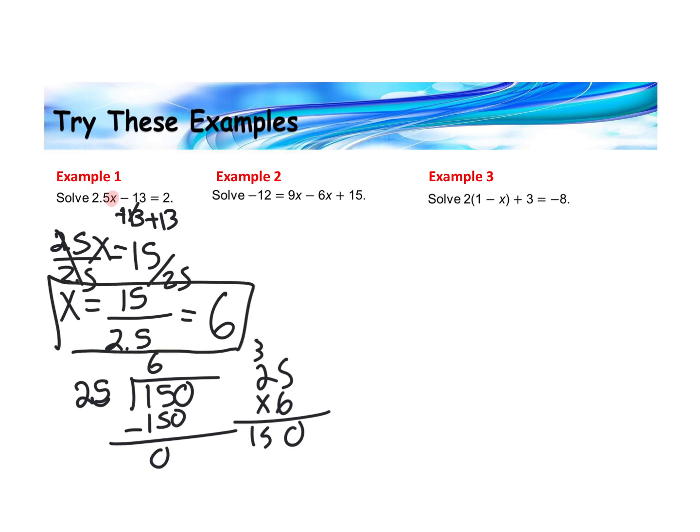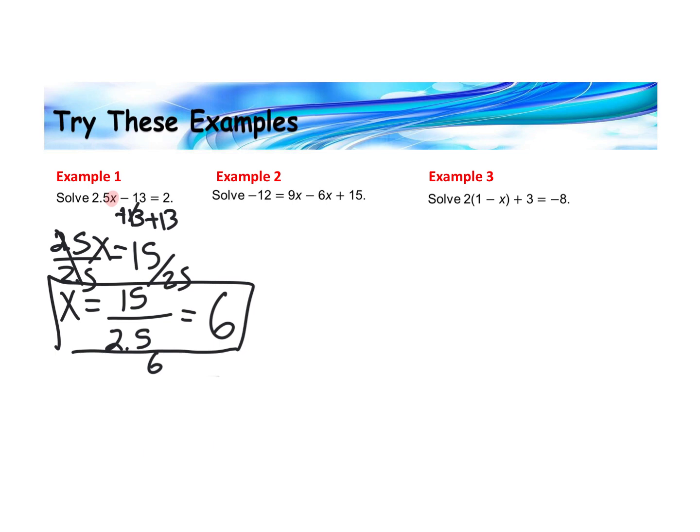I'm going to go ahead and erase the multiplication so I can have a little more space. Now, just for right now, I'm going to also erase the division, and I'm going to rewrite this at the bottom to have a little bit more space.